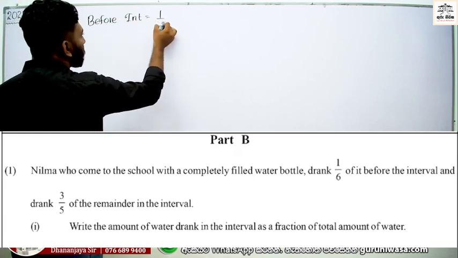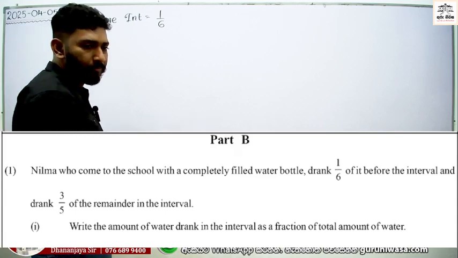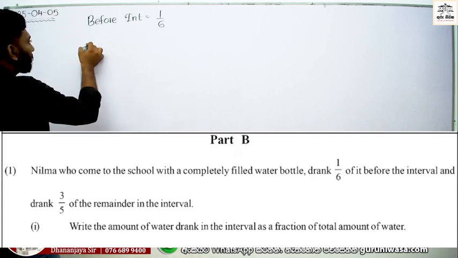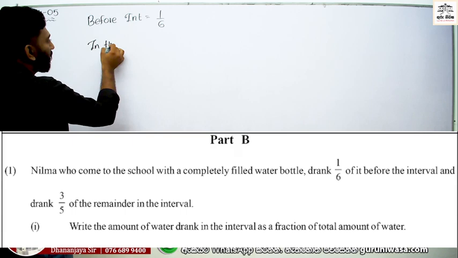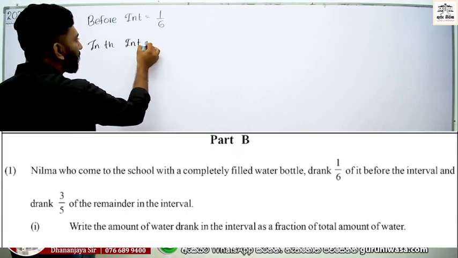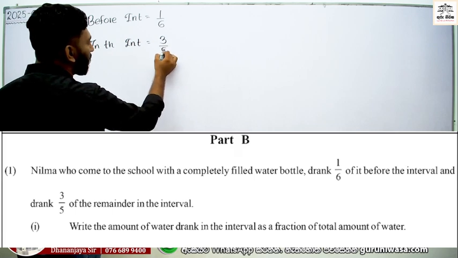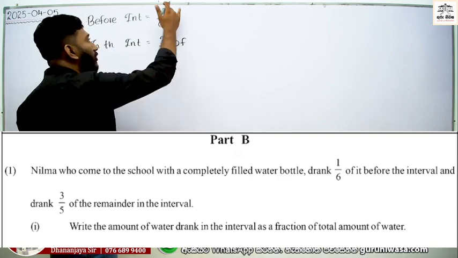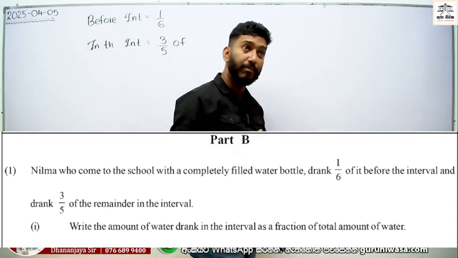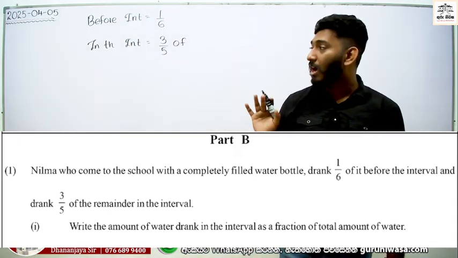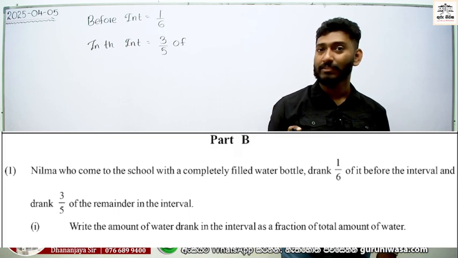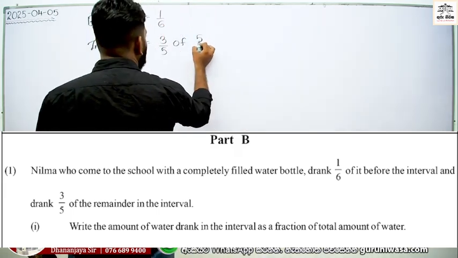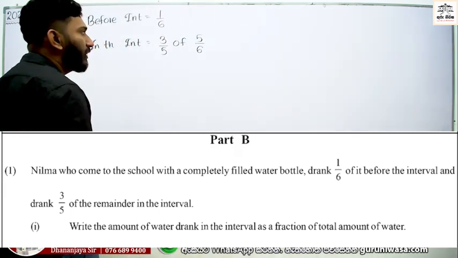One over 6 and drank 3 over 5 of the remainder in the interval. මෙතන කියන්නේ පුතේ 3 over 5 of remainders. දැන් මතක ඇති 1 over 6 drank before the interval and 3 out of 5 drank of the remainders. එහෙනම් ඉතුරුනේ කීයද යාට බොන්න? 5 over 6. මෙහෙමනේ ආවේ.